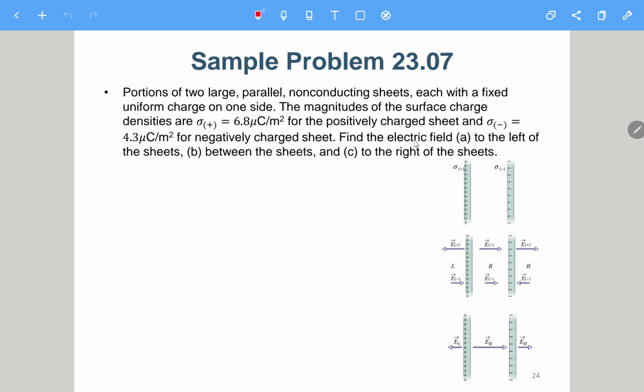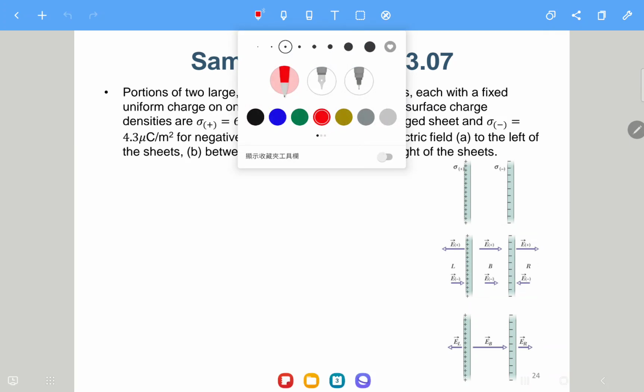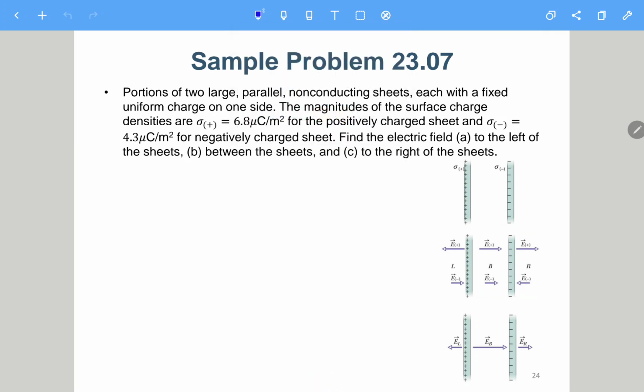Find the electric field to the left of the sheets, between the sheets, and to the right of the sheets. So this is easy. We only need to plug in the values to the expression we already got.